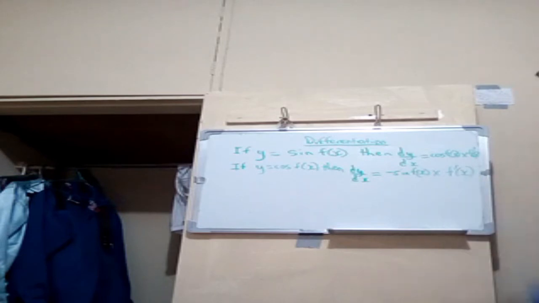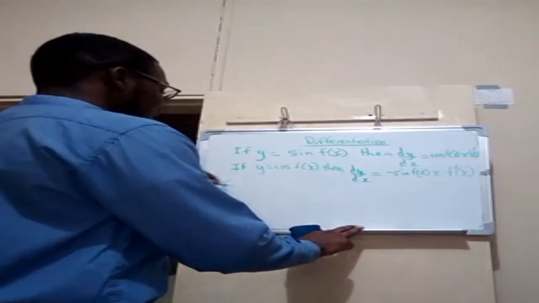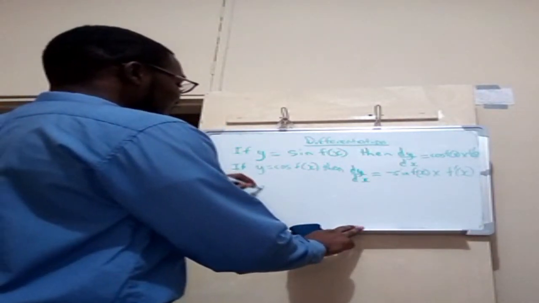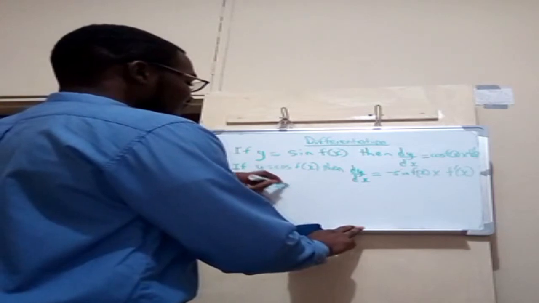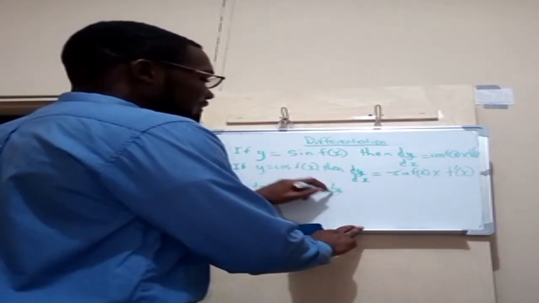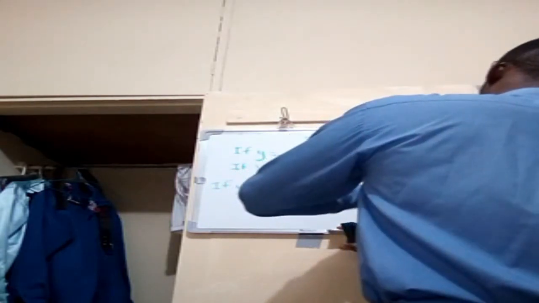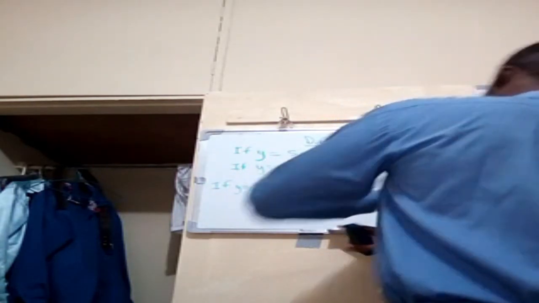Then the next one to look at is tan. How do we differentiate tan? If y is equal to tan of a function of x, then dy by dx is equal to sec squared f of x times f prime of x.